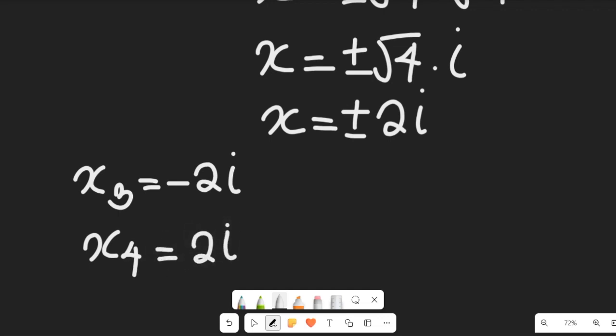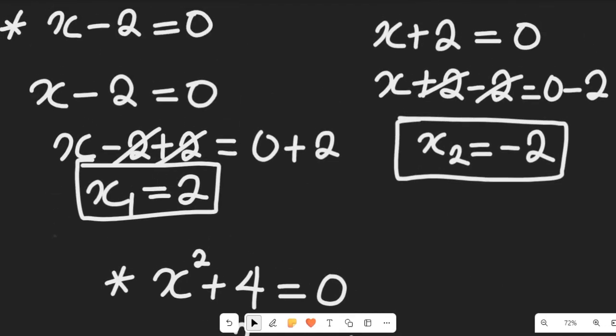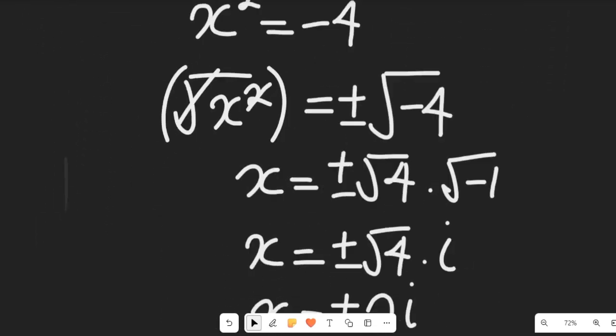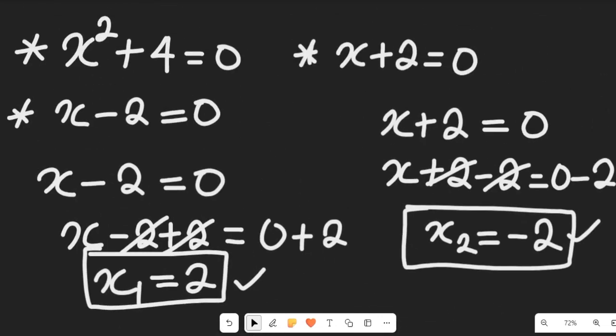So all these are the solutions we get from the expression given to us above. We have four solutions, in which two are imaginary and two are real solutions.